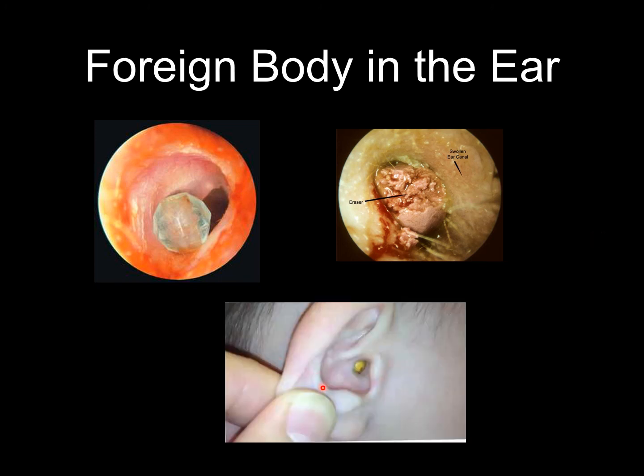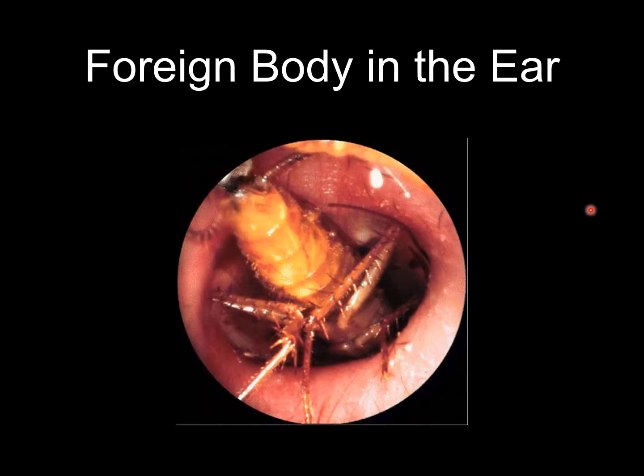And this is a bead impacted in the external auditory canal, and an insect, which is a cockroach, entered in the external auditory canal. The patient will complain of severe pain or excruciating pain upon movement of the insect.